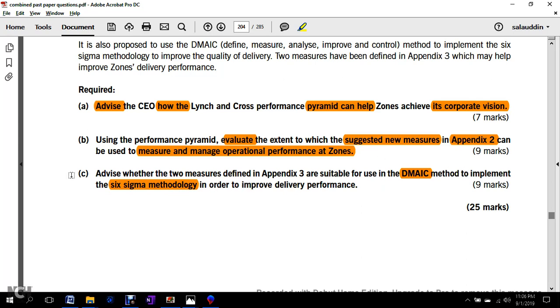They will implement Six Sigma in order to improve delivery performance. We are asked to advise whether those 2 measures suggested in appendix 3 are suitable for the use of Six Sigma to improve the delivery performance of the organization.